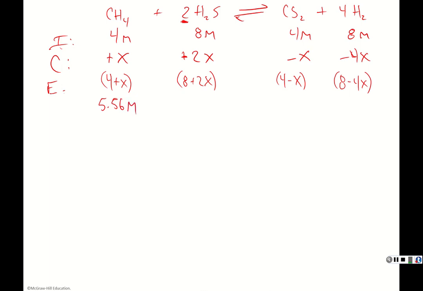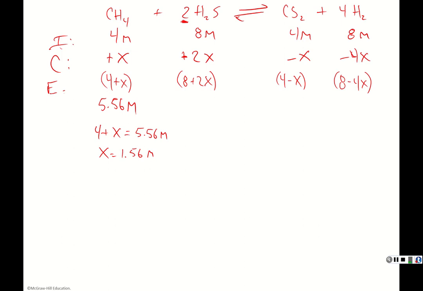Okay, so we can solve that expression for X. So we know 4 plus X has to equal 5.56 molar. And when we solve for X, that's just going to be 1.56 molar. Right? So now we have the X value.